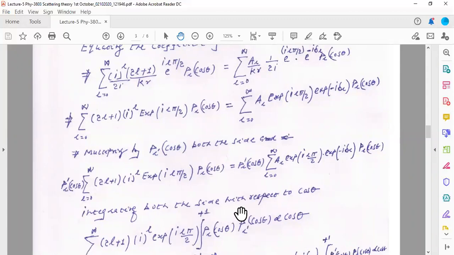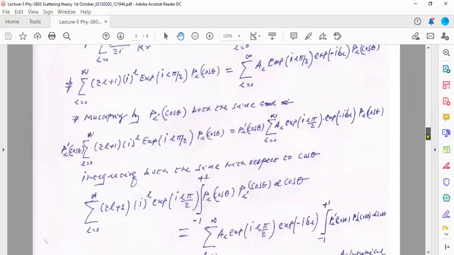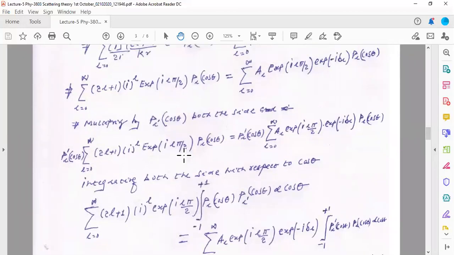So integrating both sides. When you take the integration with respect to the cos theta term, the constant term you can take outside. So sum over l equal to 0 to infinity, (2l+1) i to the power of l e to the power of i l pi by 2, I'm taking outside, and that is inside the integration. What is the argument? P_l' cos theta, P_l cos theta, d cos theta, and cos theta ranges from -1 to +1.